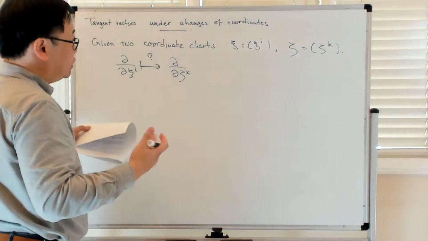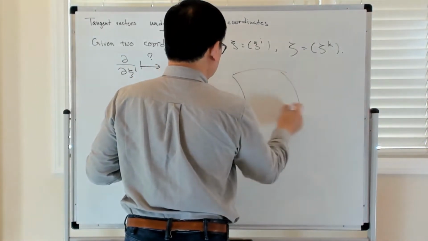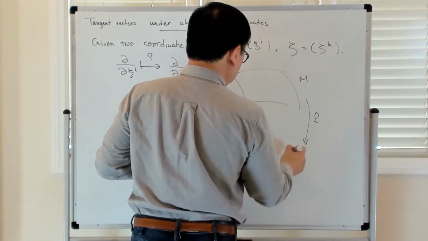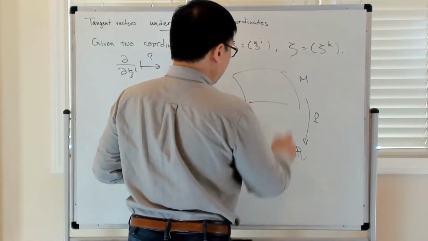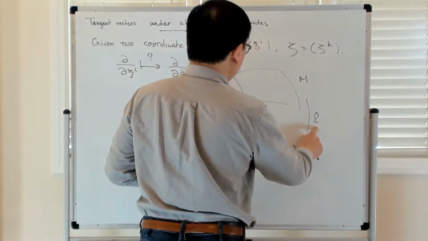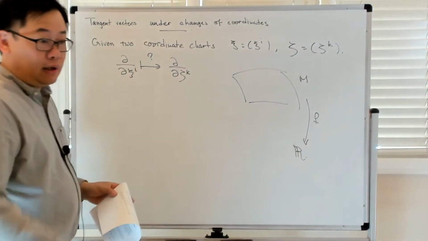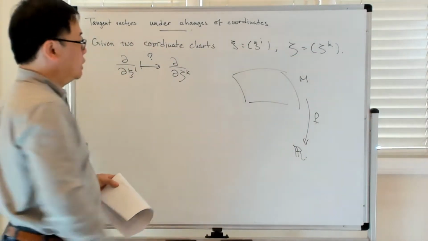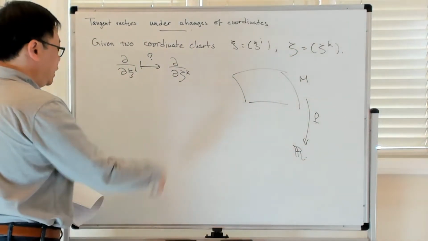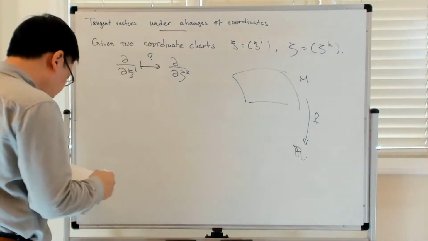So you're going to think of a function defined on the manifold M, a map f from M to the reals. You have two coordinatizations of f by using the two charts which are given to you, and then you differentiate with respect to the components. That's really what's happening here. And you want this construction to be independent of f, basically.